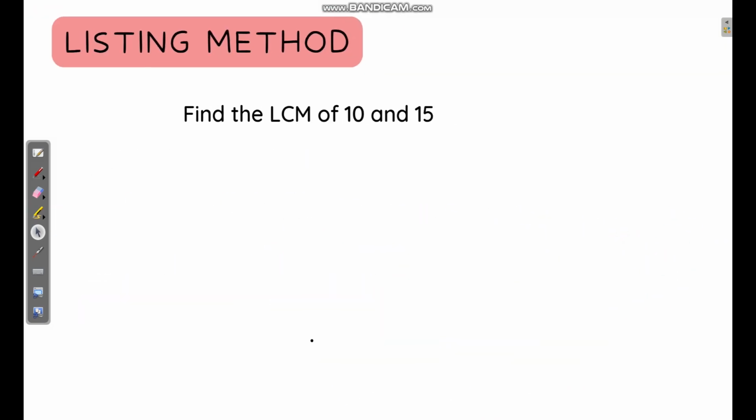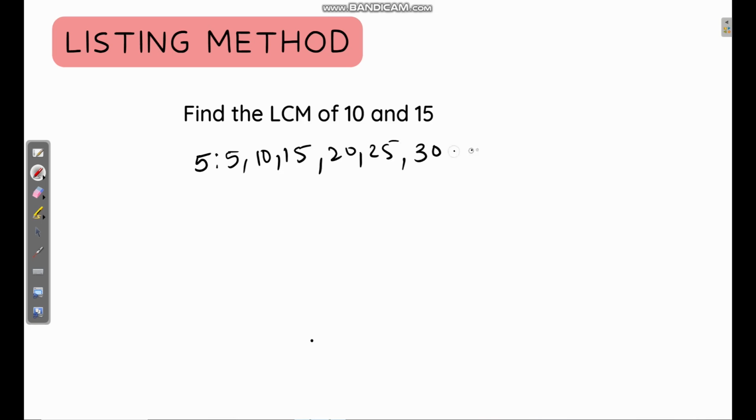So let's find the LCM of 10 and 15. First of all, we should know what a multiple is. For example, if I take the number 5, a multiple is nothing but the table of that number. So 5 into 1 is 5, then the next multiple will be 10, then 15, 20, 25, 30 and so on.